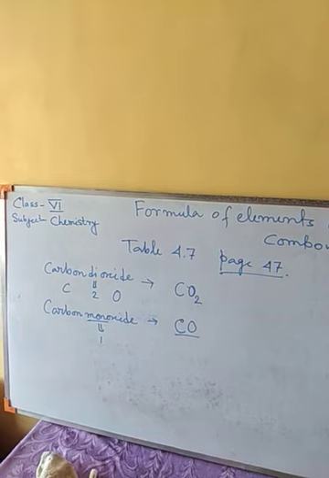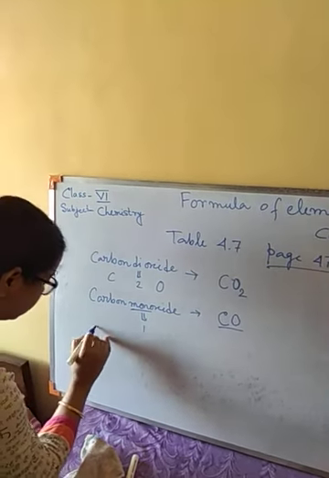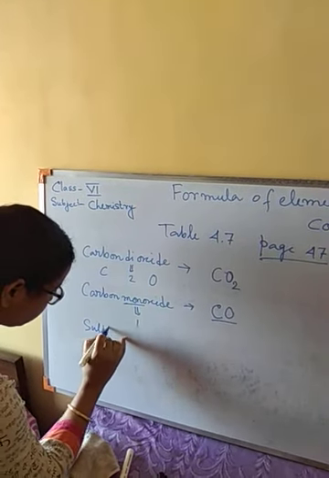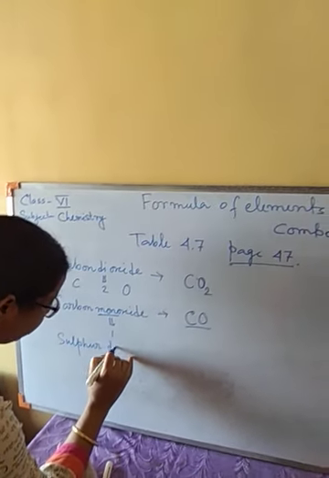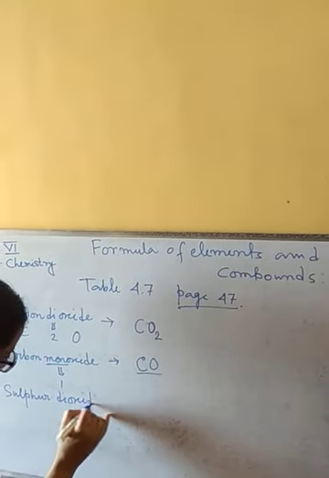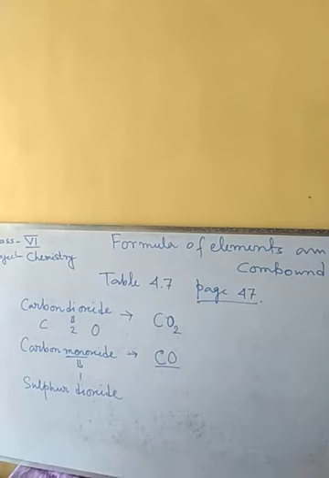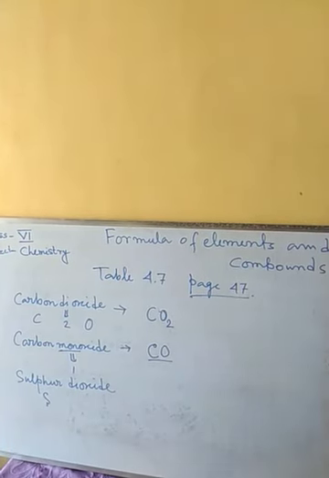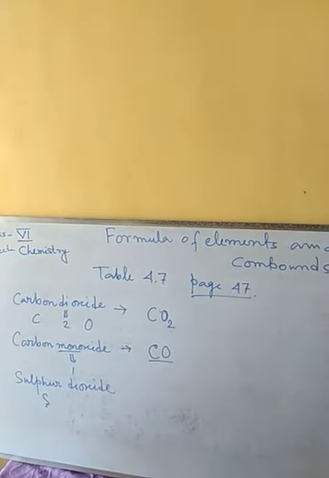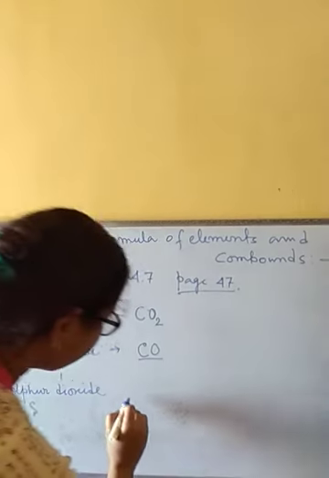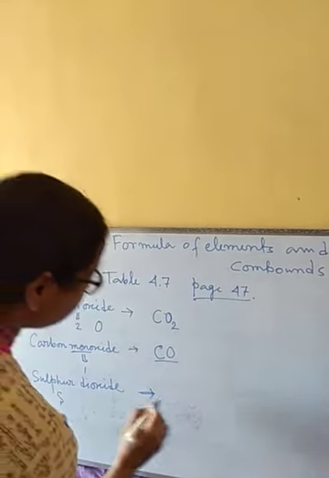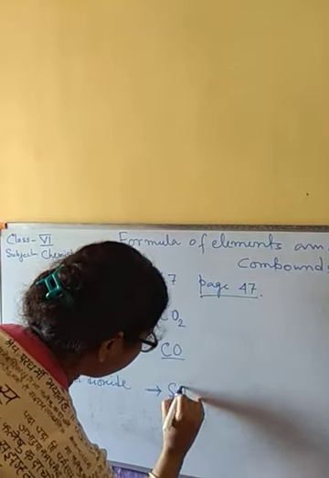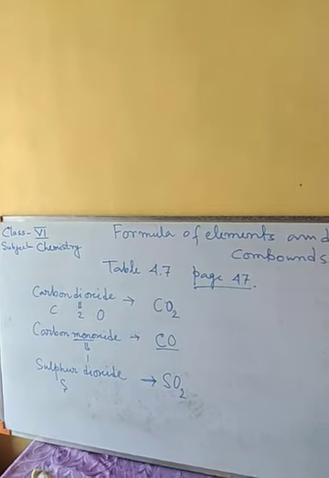Next, sulfur dioxide. Like carbon dioxide, only here instead of carbon, sulfur is there, and oxygen, and di means 2. That means the formula will be just like carbon dioxide, it will be SO2, sulfur dioxide.